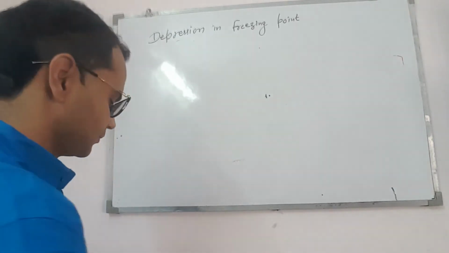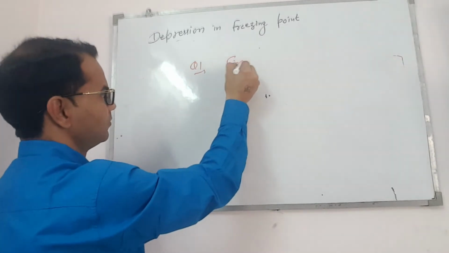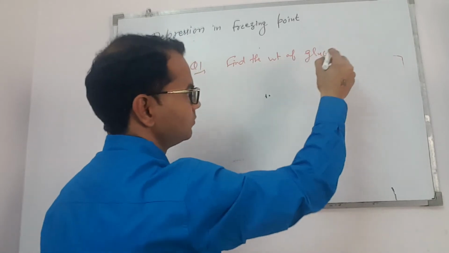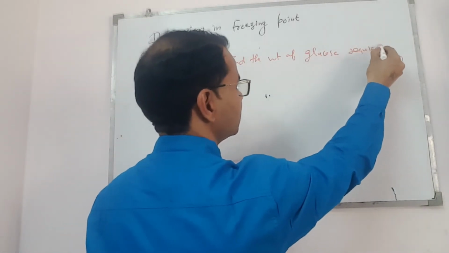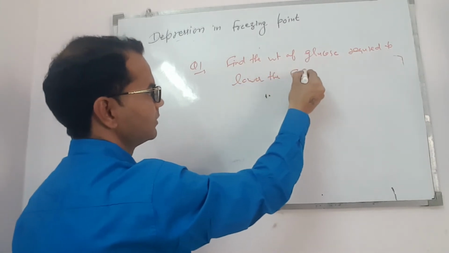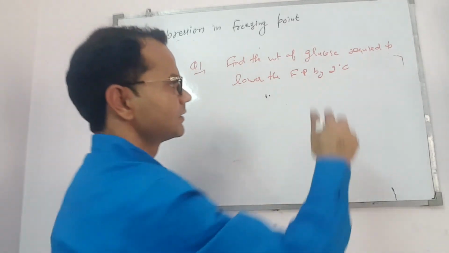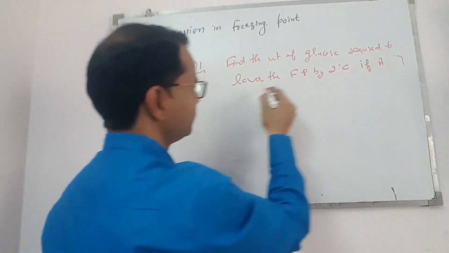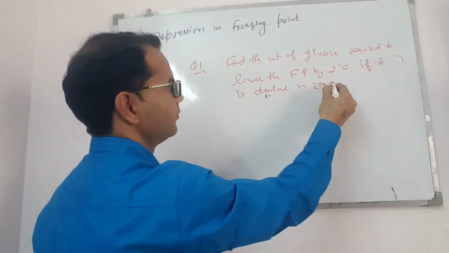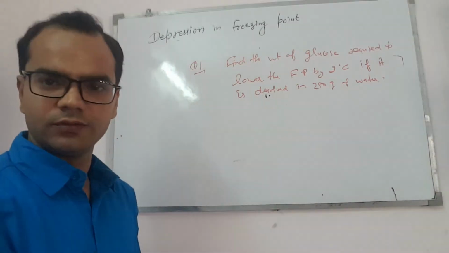Numerical is: find the weight of glucose required to lower the freezing point by 2 degrees Celsius if it is dissolved in 250 gram of water. Now we are going to solve it.